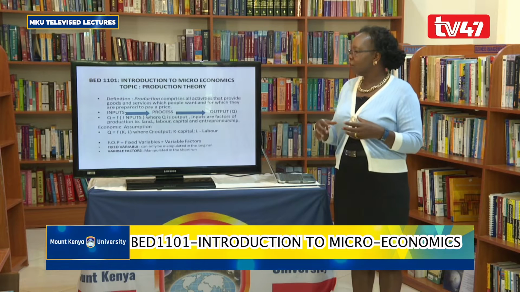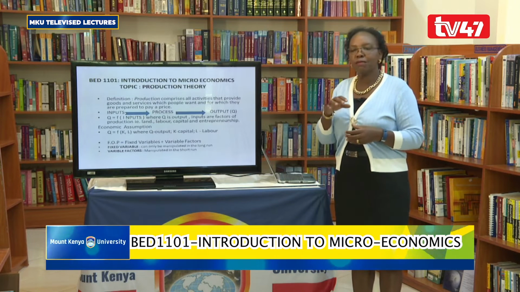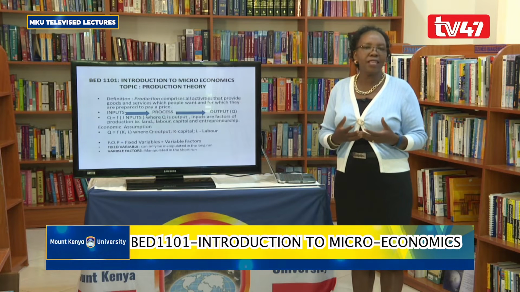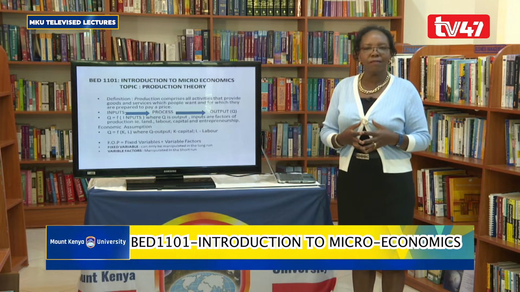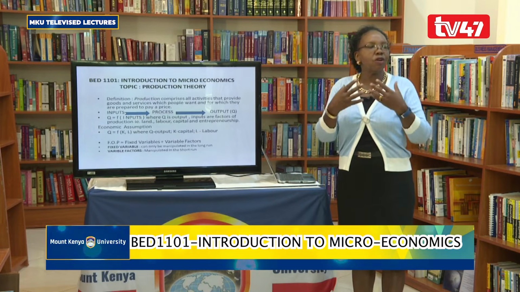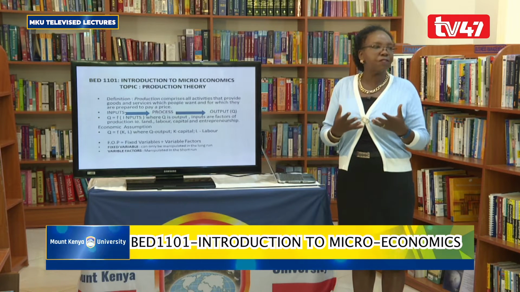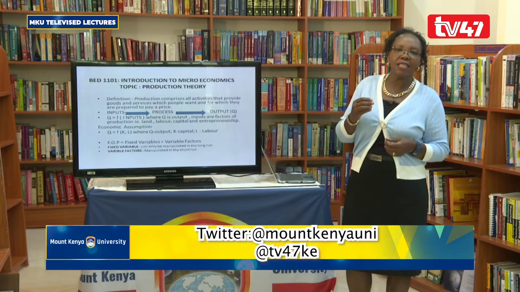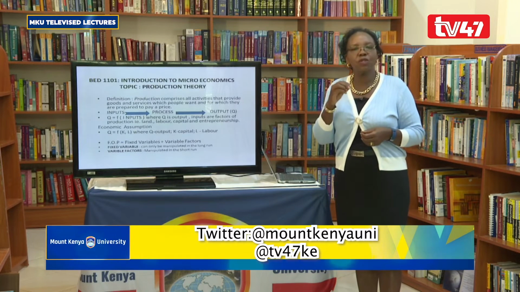For the sake of trying to understand, because every subject has its own language, we want to talk about what we refer to as land. Land is a natural gift. It is provided by nature, and man has not done anything to bring it into existence.